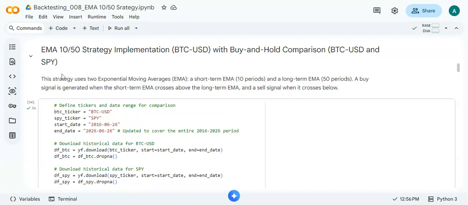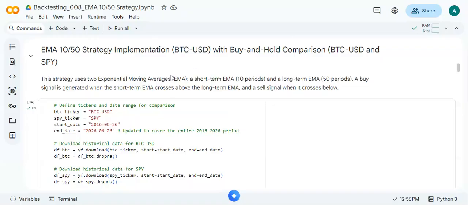So basically, we compare Bitcoin trading with Bitcoin investing, and Bitcoin trading with S&P 500 investing. These two benchmarks, and I think the results are quite interesting. But let's be honest, and we'll jump in soon.